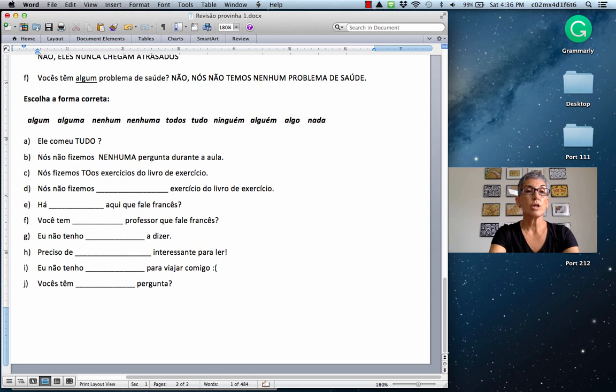Nós fizemos todos os exercícios. Ok? All of them. Exercícios, masculino plural, todos. Nós não fizemos, so now it's negative. Nós não fizemos nenhum, we didn't do no exercise. Nós não fizemos nenhum exercício do livro de exercício.